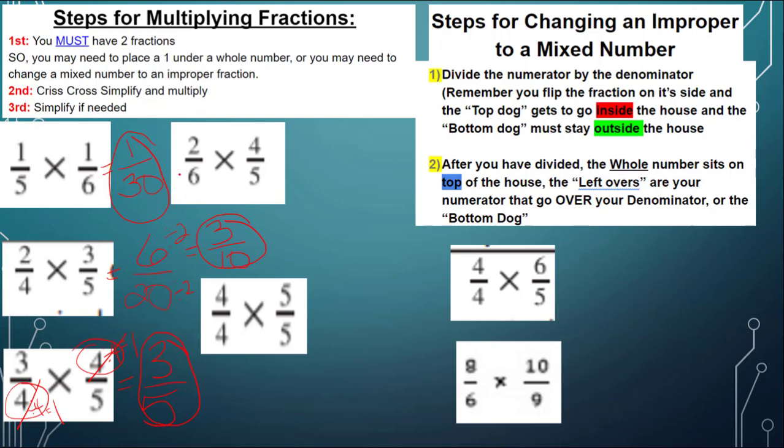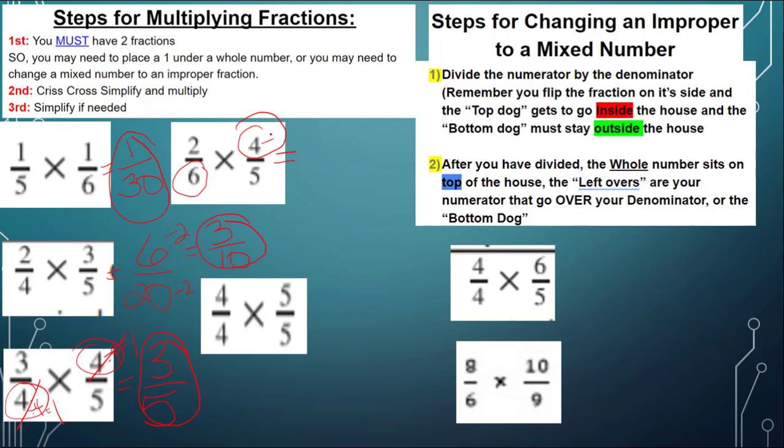Okay, let's go to our next one. Okay, we have two fractions. Let's see if we can crisscross simplify. We can crisscross simplify our 6 and our 4. Both of those can be divided by what? Well, they can be divided by 2 because they're both even.